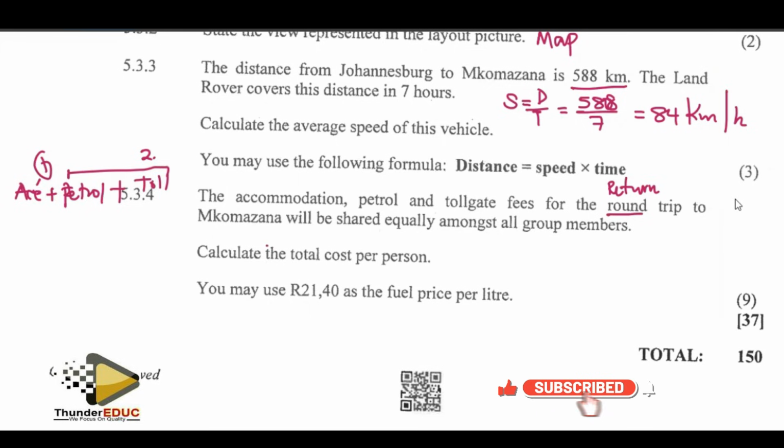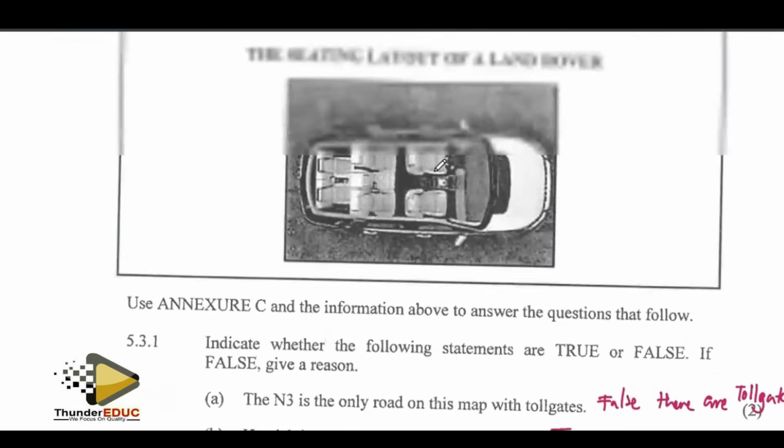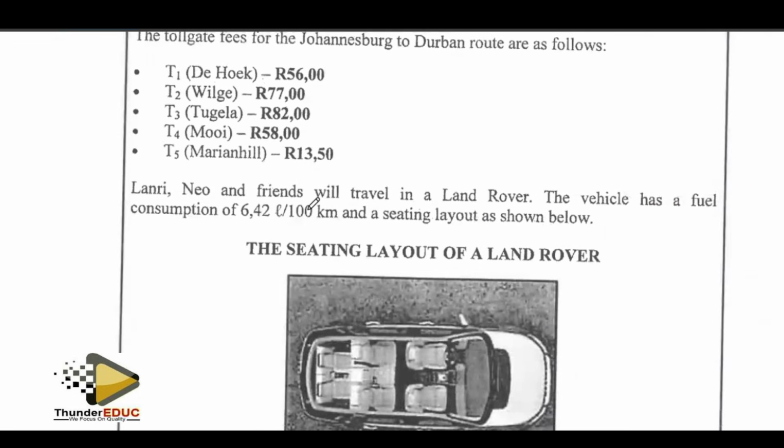Okay, but before you pay for petrol, we need to know how much distance was covered. Because we are going to use the fuel consumption rate, which is stated already here. The fuel consumption is 6.42 liters per 100 kilometers. My friends will travel in the Land Rover, the vehicle has a fuel consumption of this.